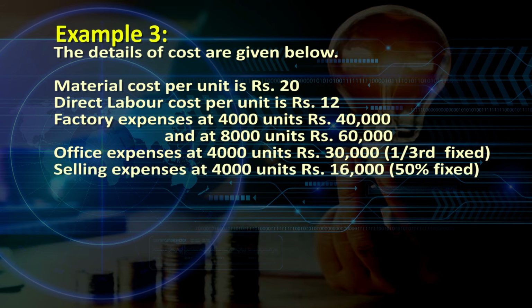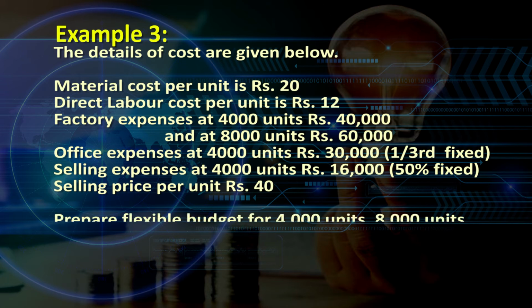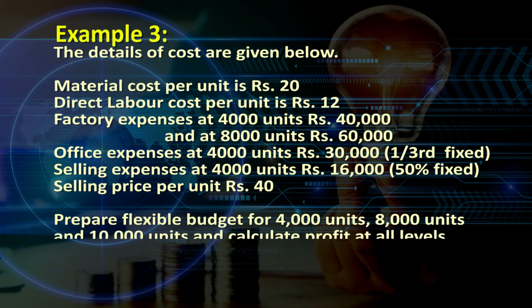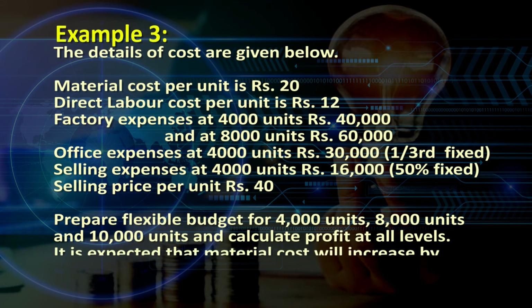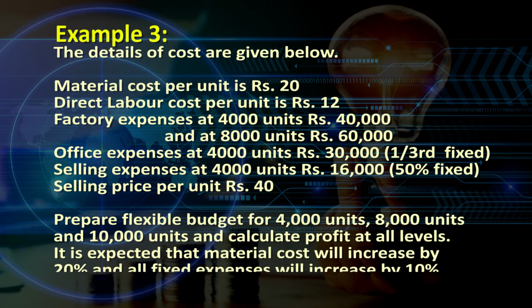Selling expenses at 4,000 units rupees 16,000, of which 50% is fixed. The selling price per unit is rupees 40. Prepare flexible budget for 4,000 units, 8,000 units and 10,000 units and calculate profit at all levels. It is expected that material cost will increase by 20% and all fixed expenses will increase by 10%.